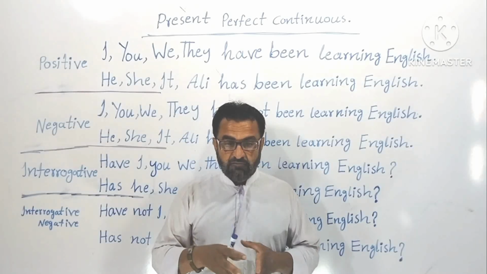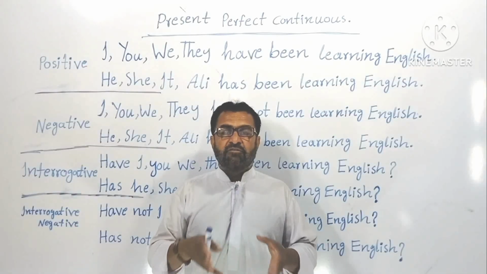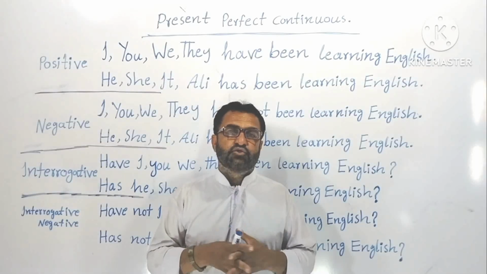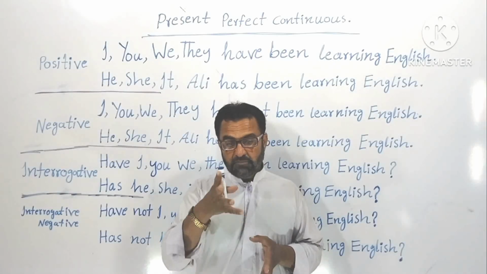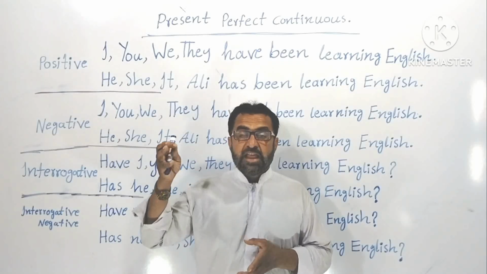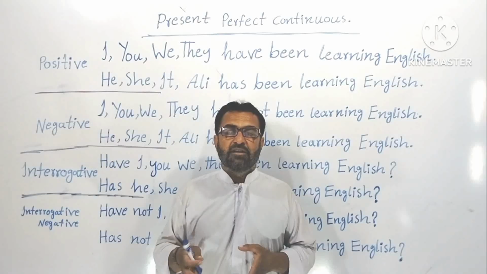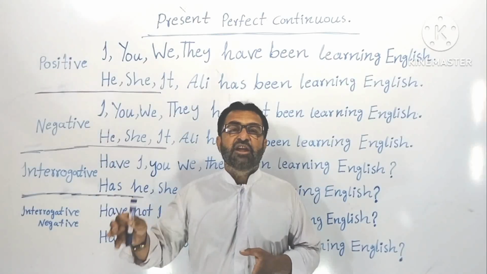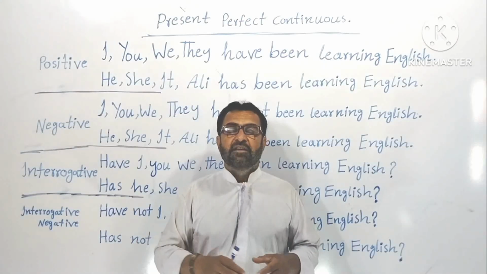For example, in past perfect continuous, why do we not use active voice and passive voice? Let me give you an example: English had been being spoken. You see, two be's there, been being.